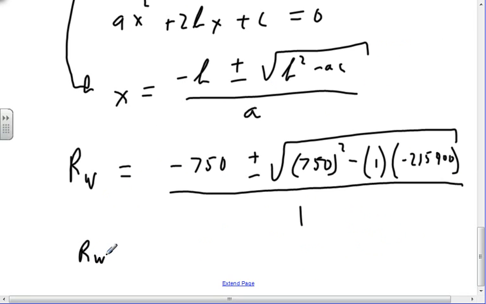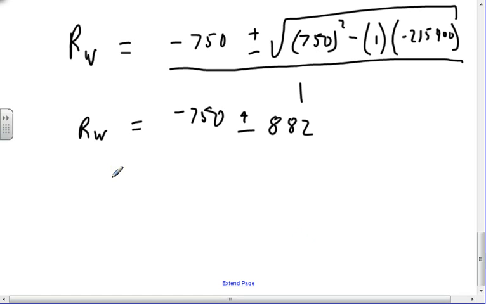So RW is equal to minus 750 plus or minus. All right, so I've got that number in my calculator. I make it positive, plus 750 squared equals square root, and I got 882, plus or minus 882. Can resistance be negative?